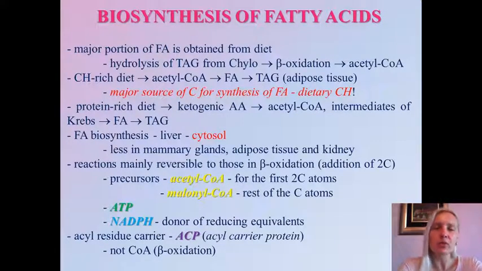So the major portion of fatty acids in our organism is obtained obviously from the diet. If you remember when we discussed the digestion of dietary lipids, we saw that dietary lipids are digested, absorbed into enterocytes, and resynthesized to 3-acylglycerols as major sources of fatty acids in order to form chylomicrons.